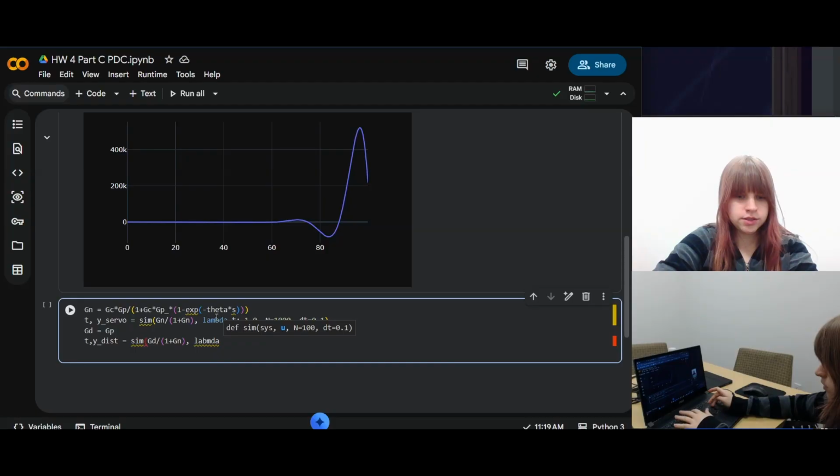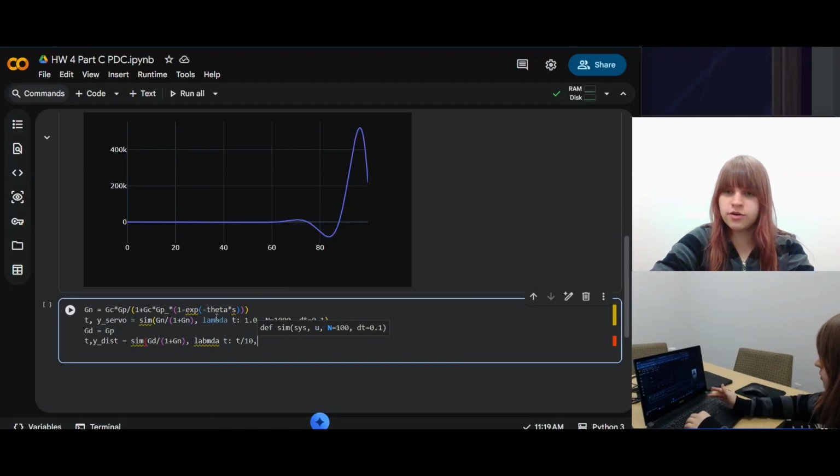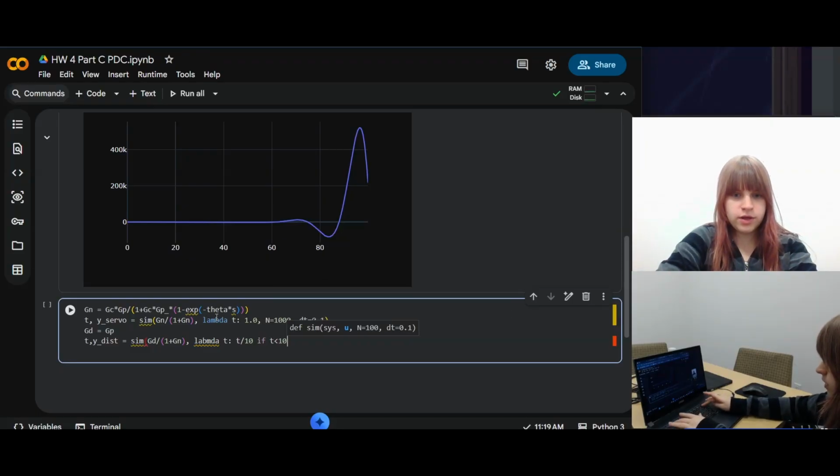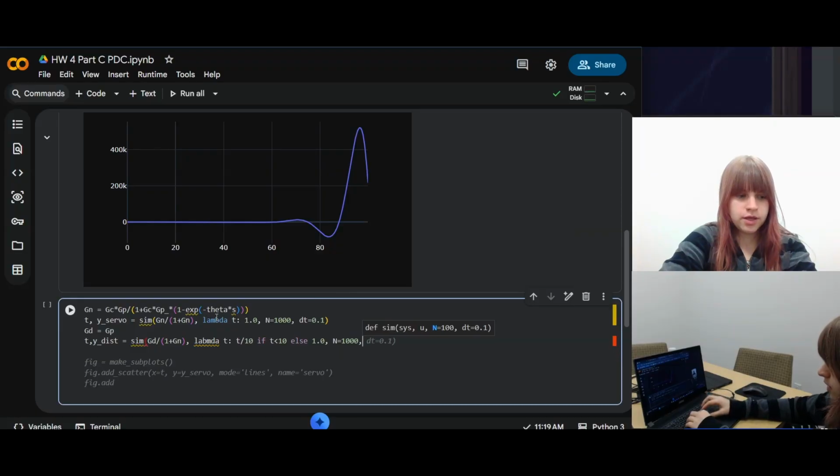Lambda t divided by 10, and the t over 10 is ramping our disturbance over time, if we are under 10 seconds, otherwise it's 1.0. Set our n and our dt.